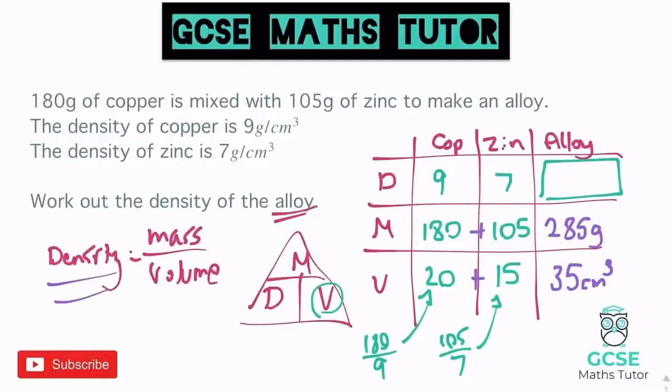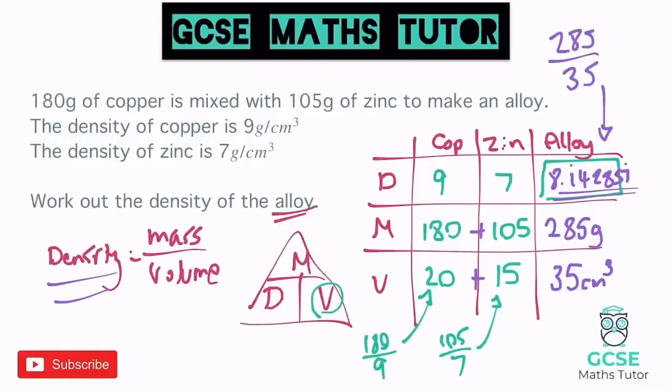Remembering density over here is mass over volume, so 285 divided by the volume, which is 35, and 285 divided by 35 gives us not a very nice number here, but we get 8.142857. It's actually a little recurring number there as well. Now this question would normally ask you to write that to 1 or 2 decimal places, so we would just round it however the question actually asks. But if it doesn't ask us, we write down the full number there, which is 8.142857 with those little recurring dots.